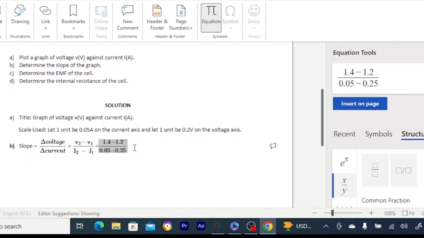Alright, so that's now equal to, I'll just punch this with my calculator. If I punch this, what do I get?